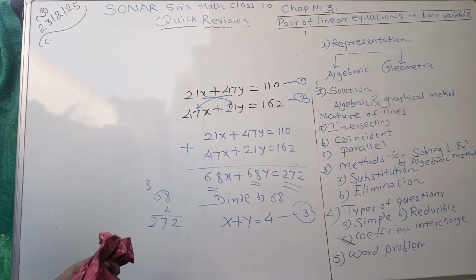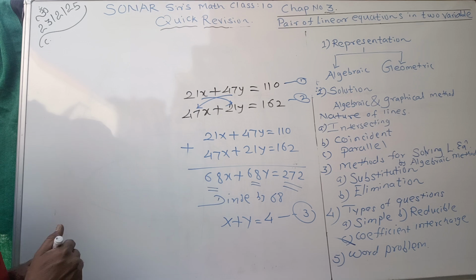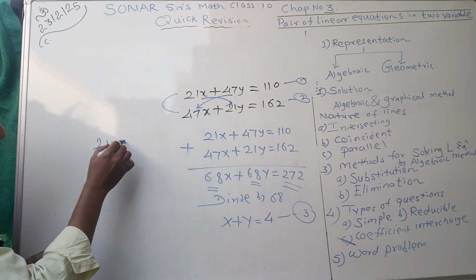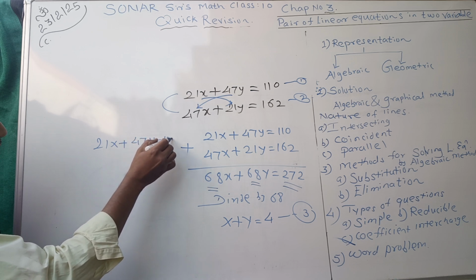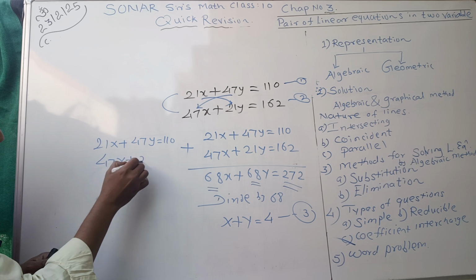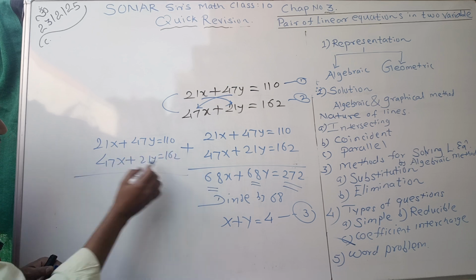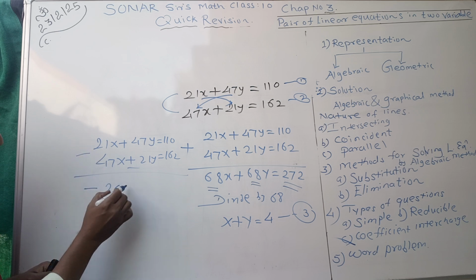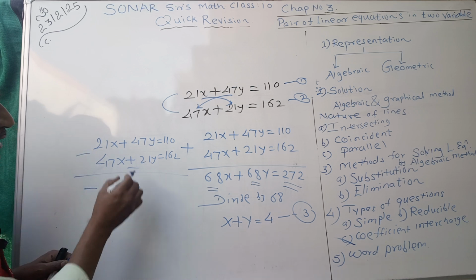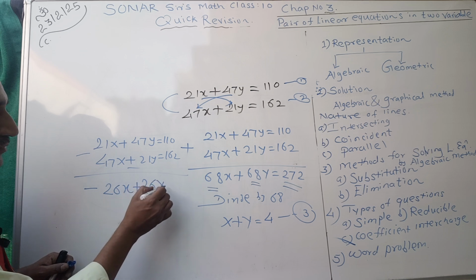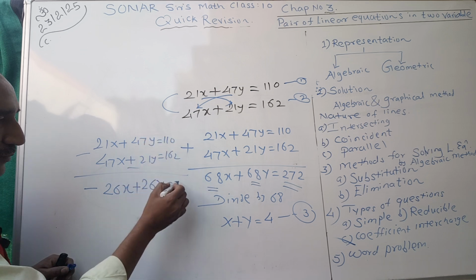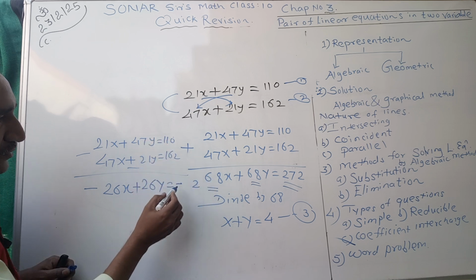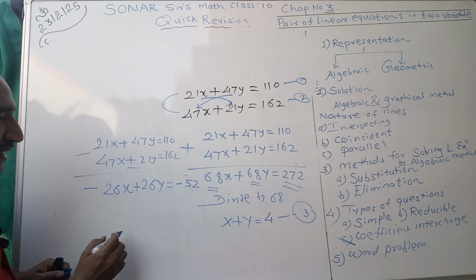We'll discuss the further solution now. Having added these two, we now subtract them. 47x plus 21y equals 162, minus 21x plus 47y equals 110. If we subtract them, we get 26x, again minus 26y equals 52.